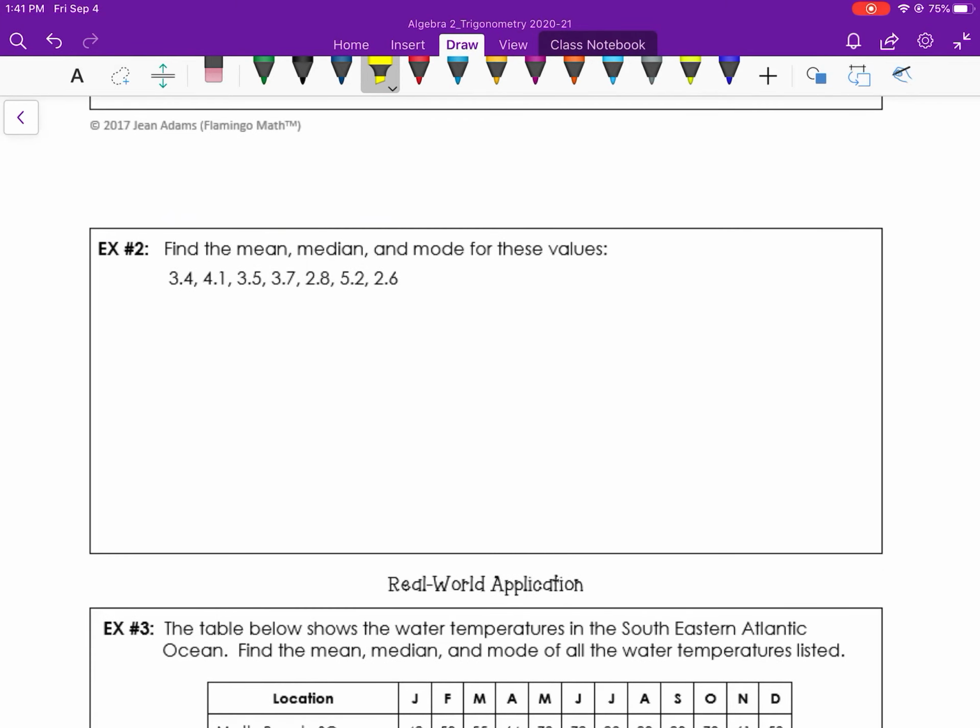So just do another example, different numbers. Again, good habit, write from lowest to highest. It's 2.6, 2.8, 3.4, 3.5, 3.7, 4.1, and 5.2.